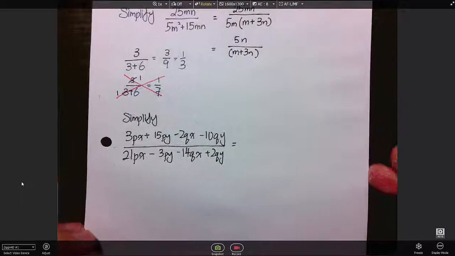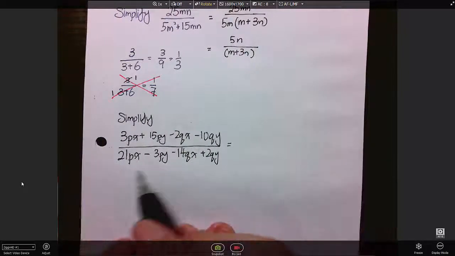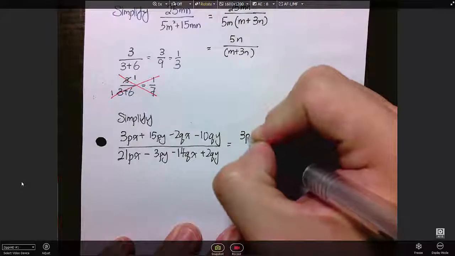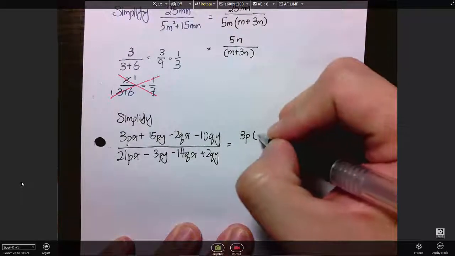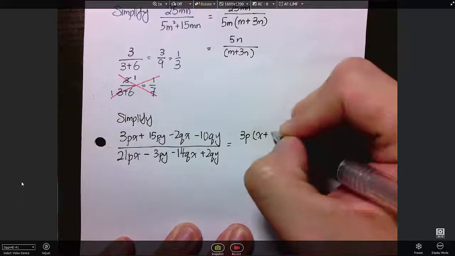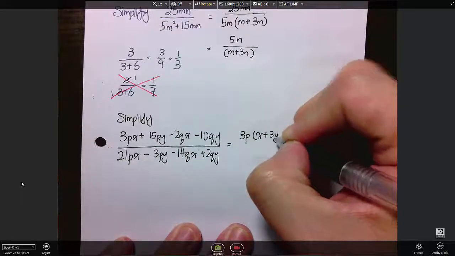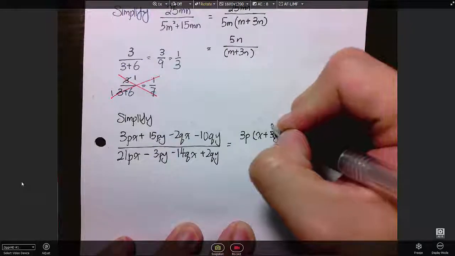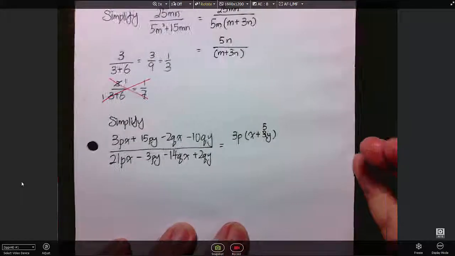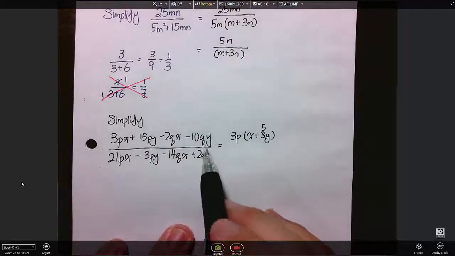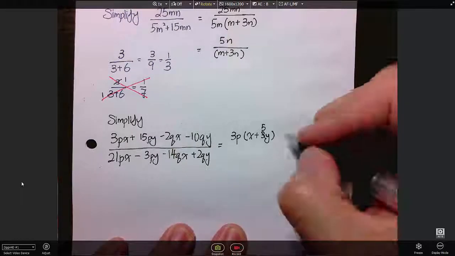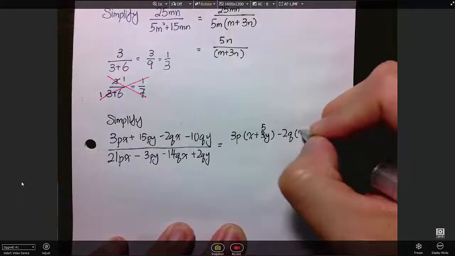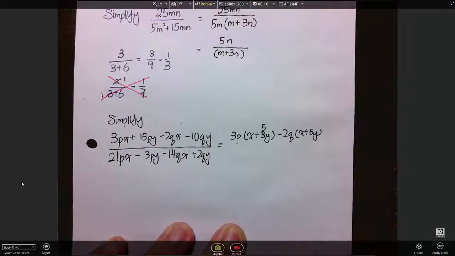So for the numerator, from these 2 terms I can factorize 3p, and then I'm left with x plus 5y. Mistake there. Between these 2 terms I can factorize negative 2q, and you give me x plus 5y as well.